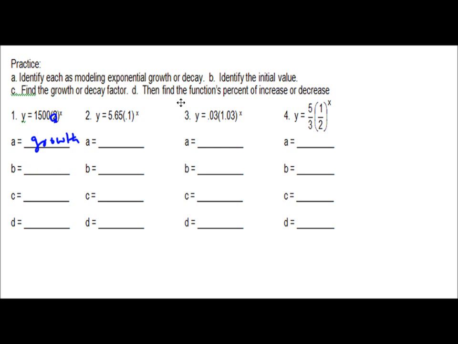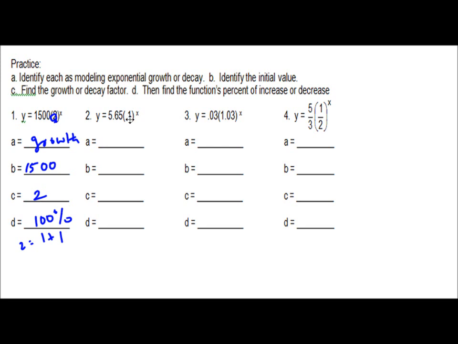And what is b? Identify the initial value, which is 1500. And c is the growth or decay factor. It is 2 here. And what is the percentage increase or decrease? It is 100%, because 2 is 1 plus 1. So this is the 100% increase we are talking about.